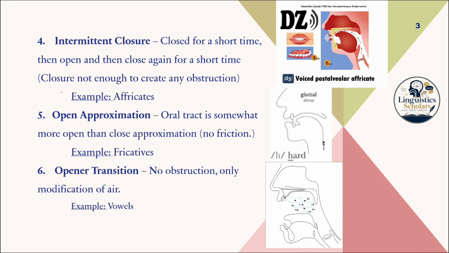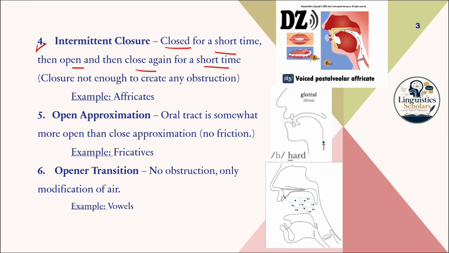And the next type we have is intermittent closure. Here the speech sounds are produced with such a constriction that the articulators completely block the air for a short time, then open, and then again block for a short time.